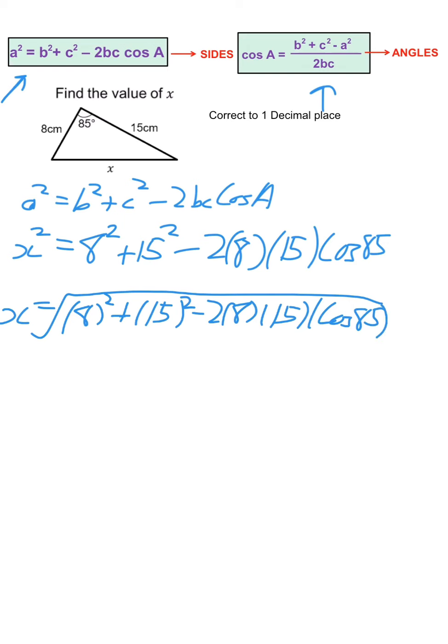Remember, if you have a Casio, there'll be another set of brackets around our angle. And that gets us 16.37. The question said correct to one decimal place, so that means x is equal to 16.4. And that's it.